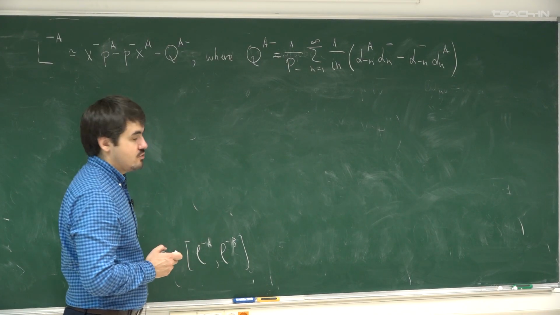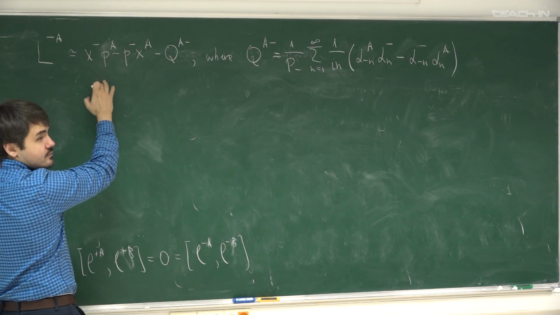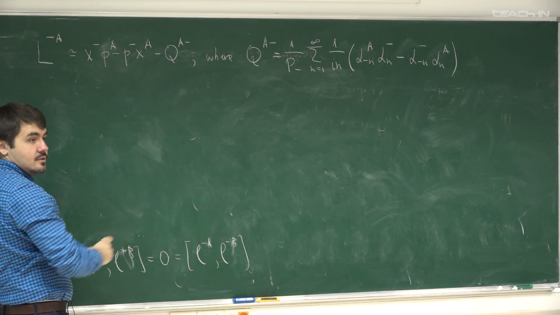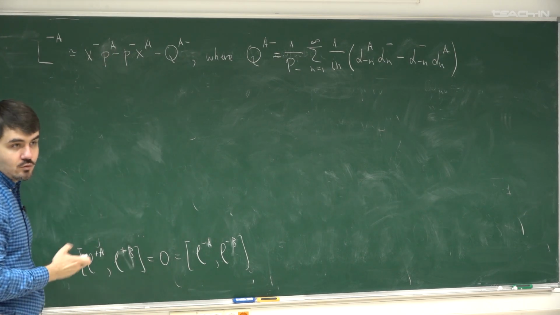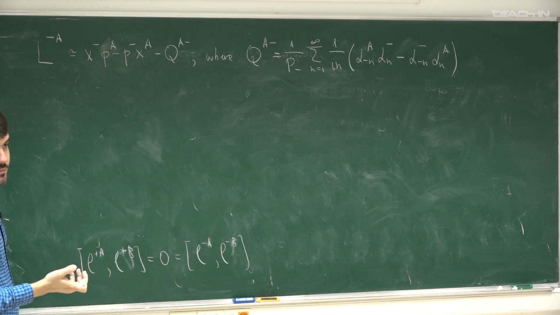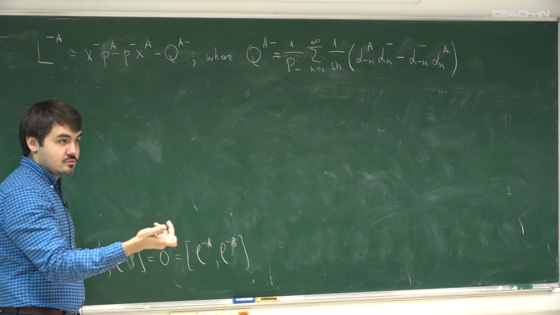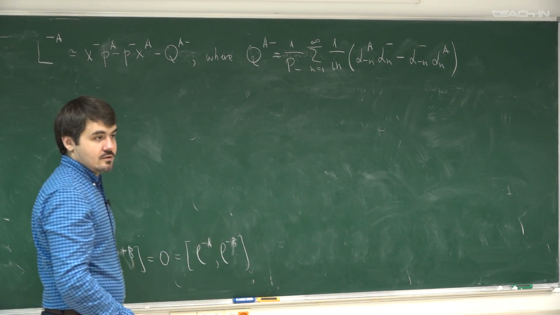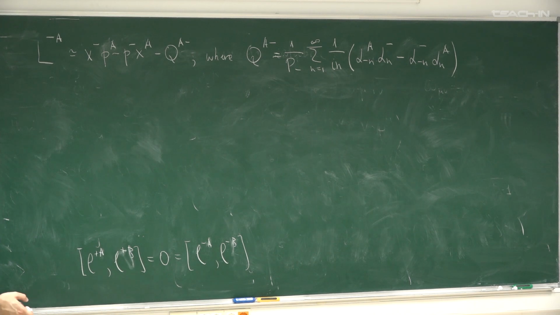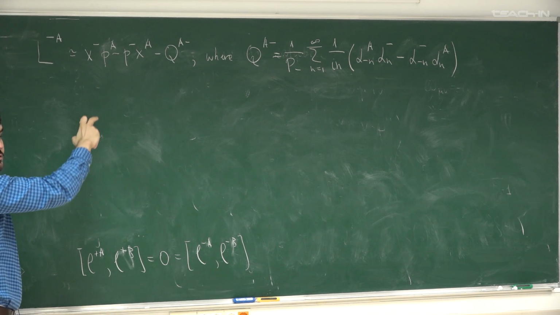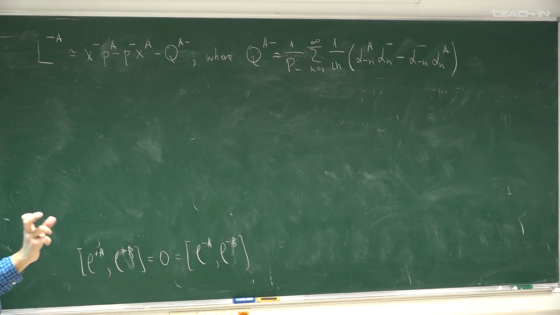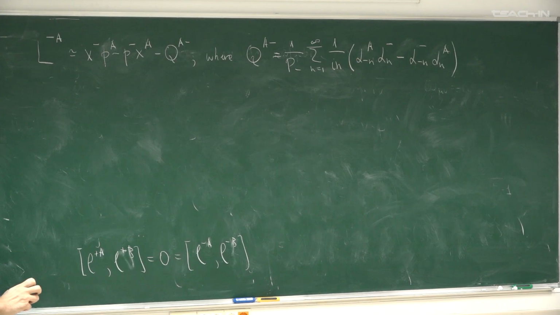So actually, in place of these guys, I should write one half, the sum of x minus pa plus pa x minus. That would be Hermitian, right? Because upon Hermitian conjugation, the two operators are swapped. But why I write it this way here is because the ambiguity that arises doesn't matter for our particular calculations.